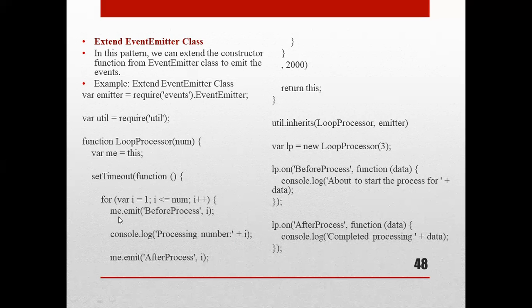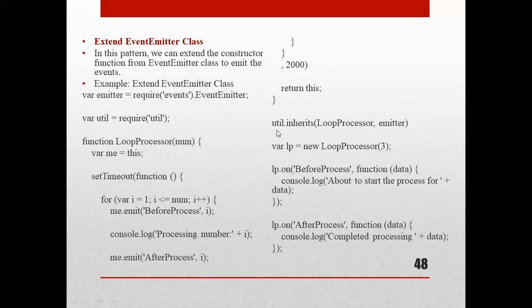So me.emit before process with i, similar to the previous example, where before process we are going to print a processing number. Then me.emit after process we are going to print. We have set the timeout for 2 seconds and we are going to return this, which means we return this event.